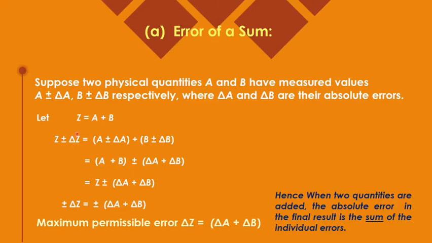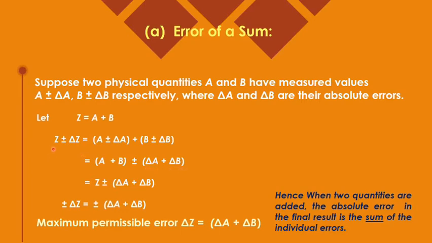Then I can write Z plus minus delta Z equals A plus minus delta A plus B plus minus delta B. Working out the right hand side, I can write it as A plus B, plus minus taken out, and inside delta A plus delta B.